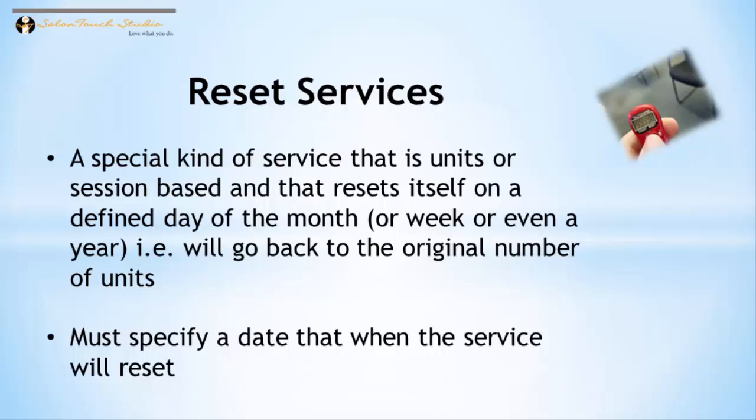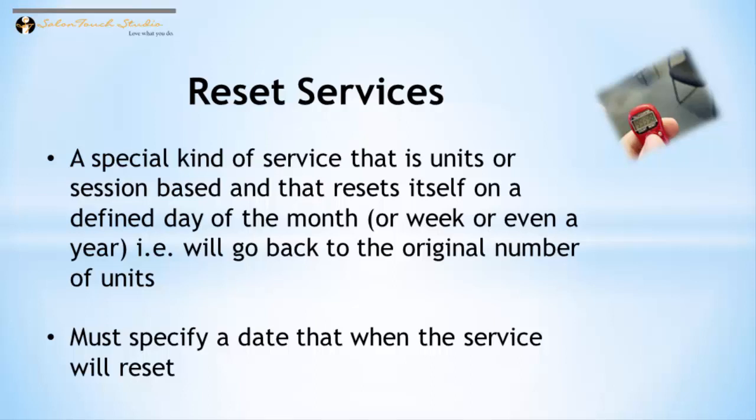It could be the 1st of the month, the 5th, the 15th, or whatever. Also, keep in mind that any units you use during the month will also reset back to 0.